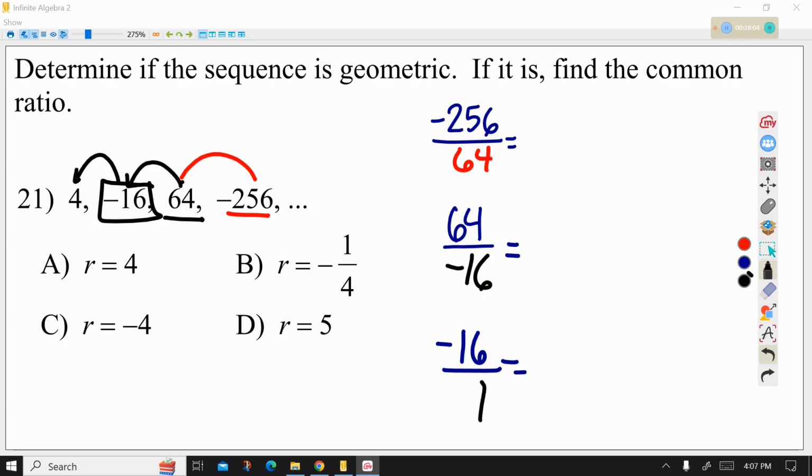So again, if I divide these, we will see that I'm going to get -4, -4, and -4. These values are the common ratio. So this is what we need when we are trying to find R. Just divide a term by the preceding term, and if you get the same number every time, we know it's a geometric sequence. So we can move on from there.